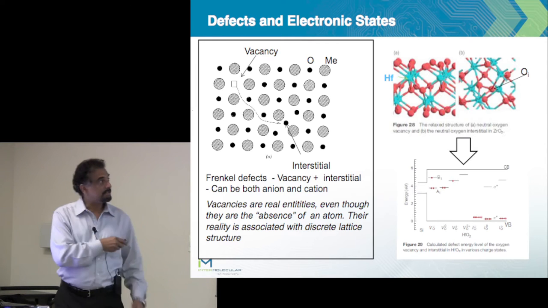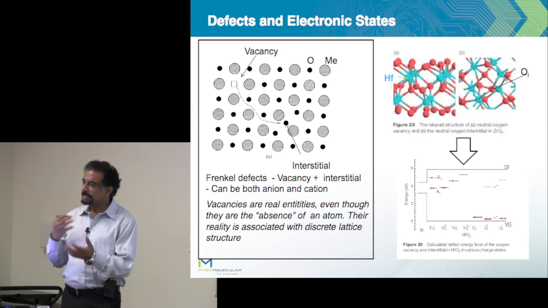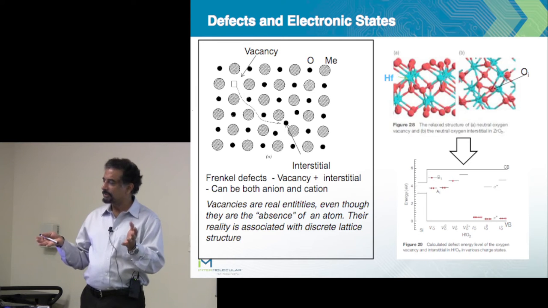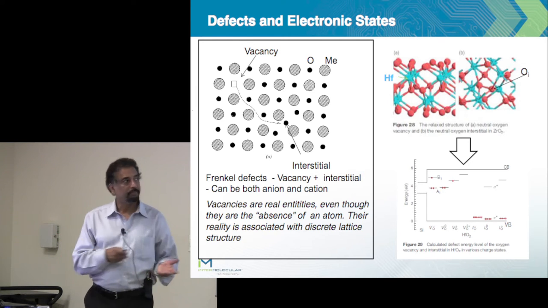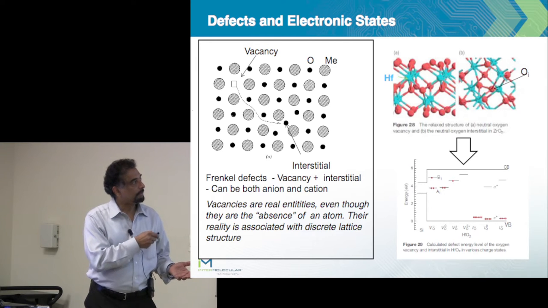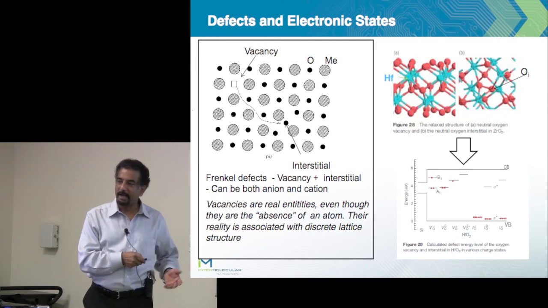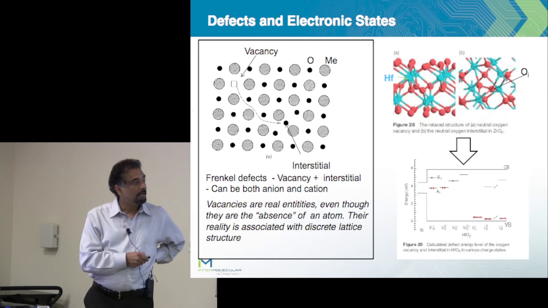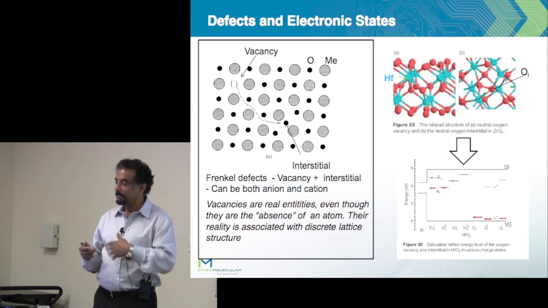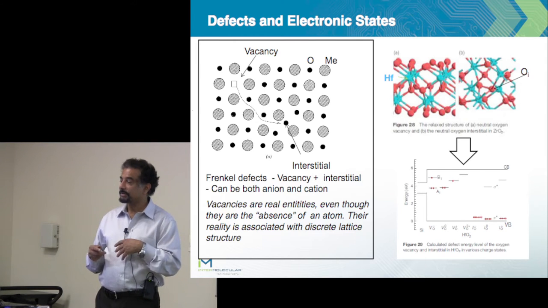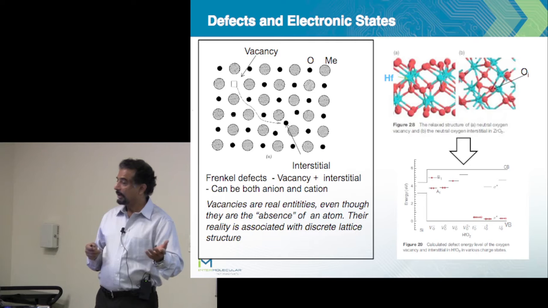Because you can think of these defects as a perturbation of the ideal crystal structure, they have an electronic state associated with them. So basically the lattice itself gives rise to an electronic band gap, and the defects themselves create traps or energy levels within the band gap, and that impacts a lot of the electrical properties.